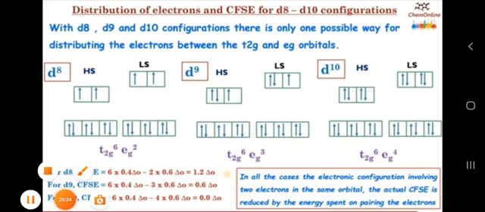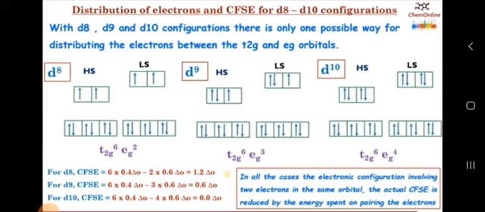From d8 to d10, if you have seen here, for the d8, d9, d10 configurations there is only one possible way of distributing electrons. Here the electrons are completely filled in t2g and eg.